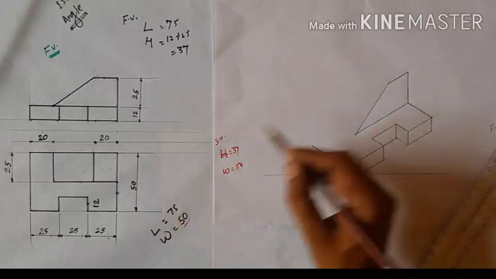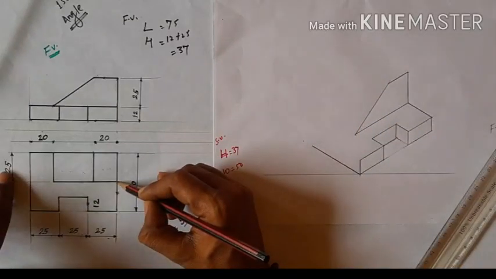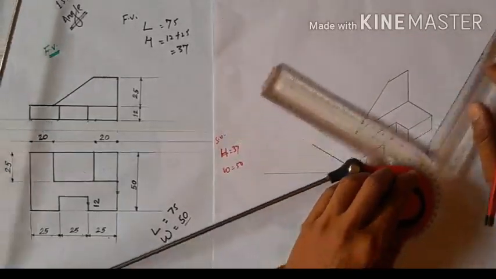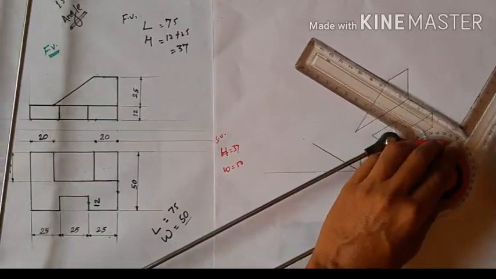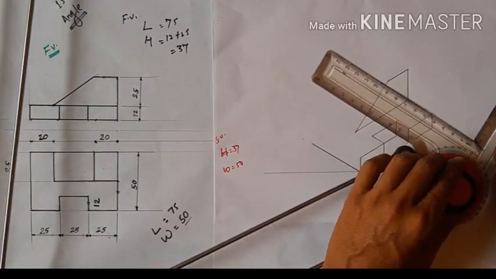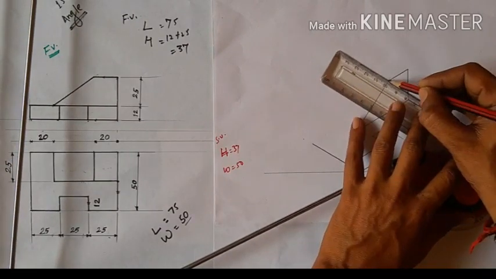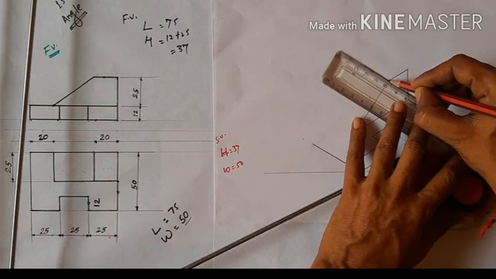Now we move again to the remaining length of 25 mm, drawn towards this side. Putting the MD parallel to it, from here we draw again a 25 mm line.